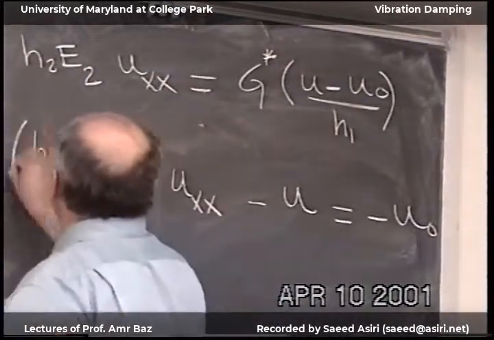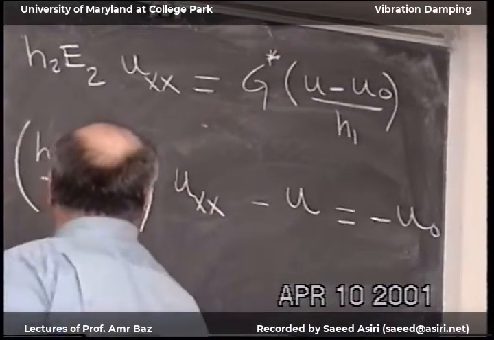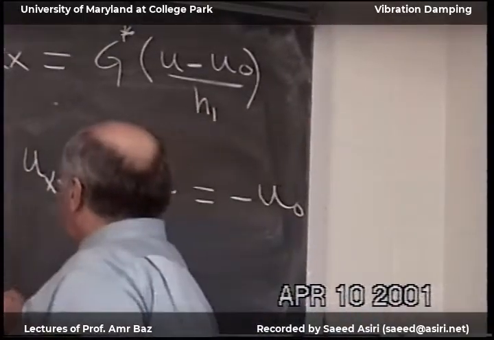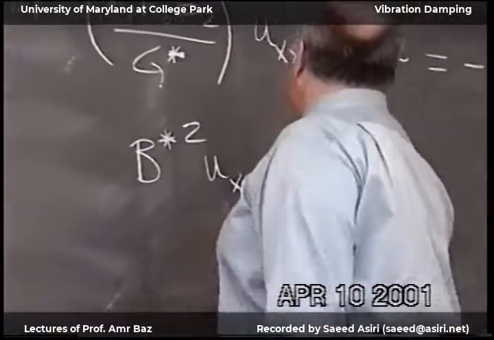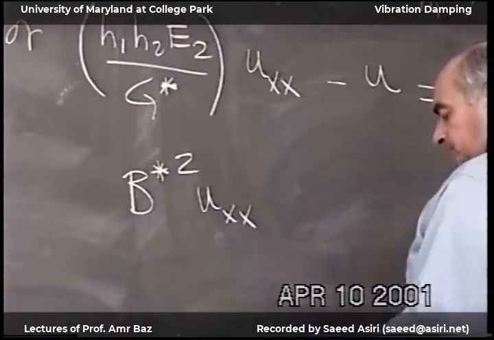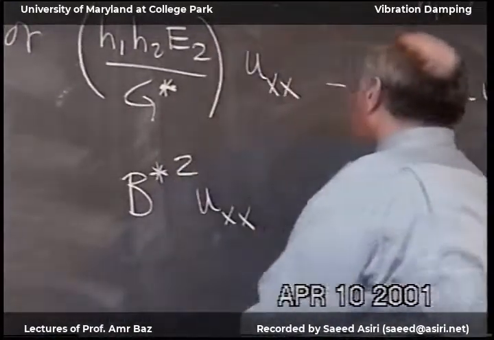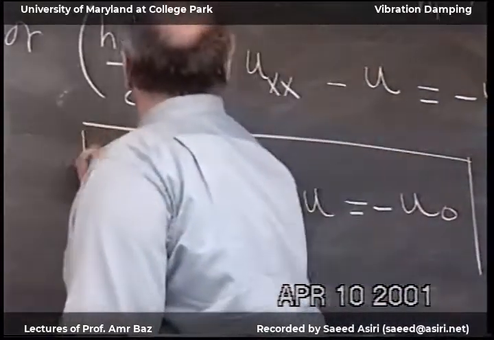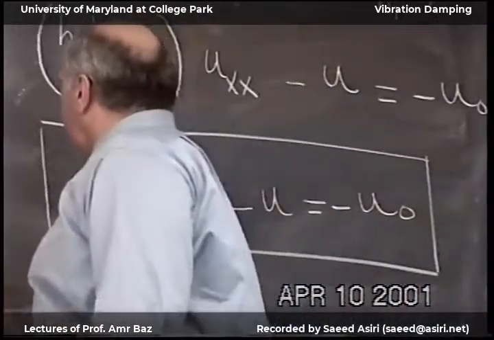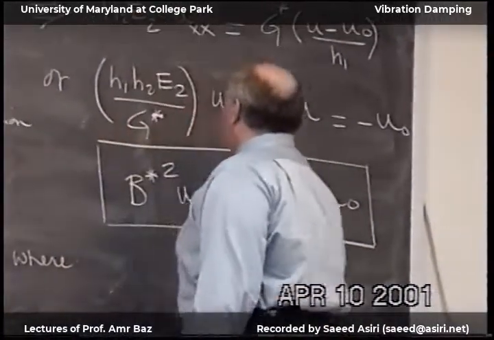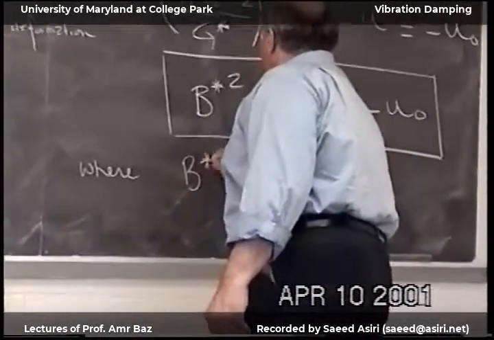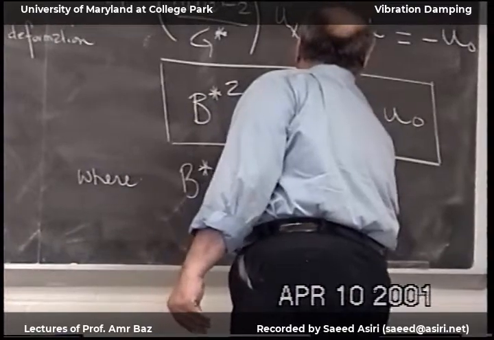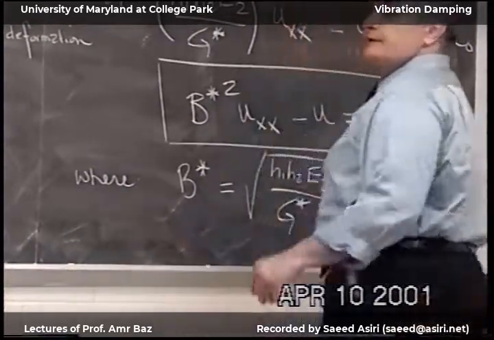And I'm going to call all this number B asterisk squared, Ux and x, minus U, and here where the B asterisk is equal to the square root of H1, H2, E2 over G asterisk.